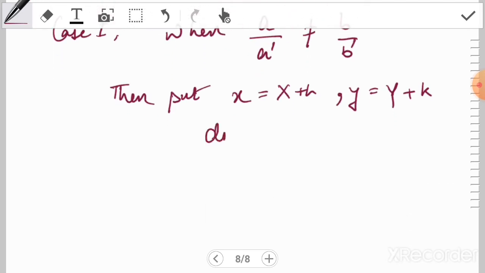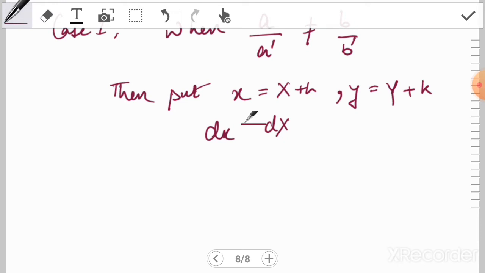Then dx will be equal to dX and dy will be equal to dY.